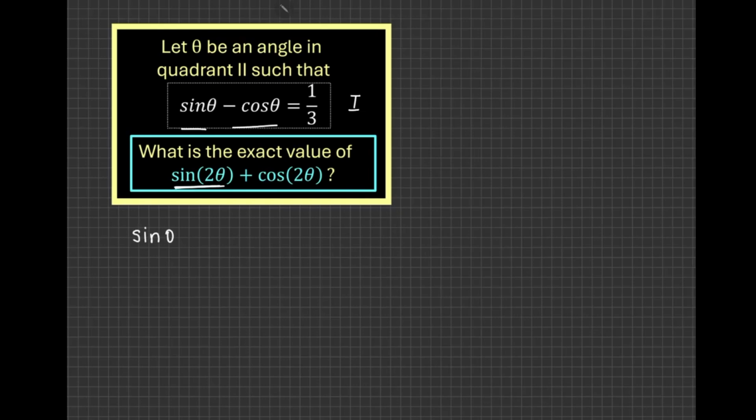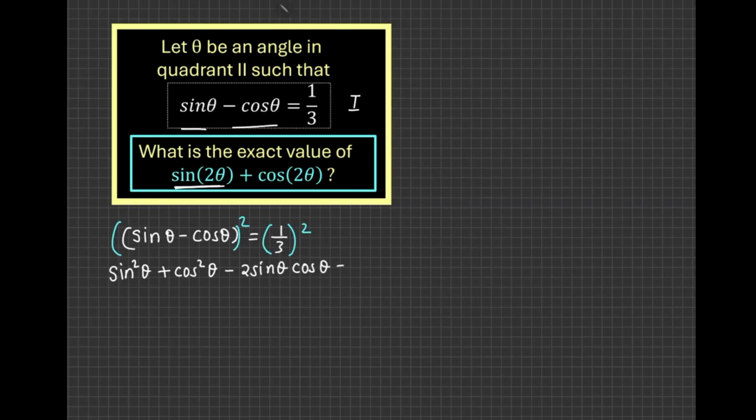Sine theta minus cosine theta equals 1/3. Let's go ahead and square both sides of this equation. What do we get? We get sine square theta plus cosine square theta minus 2 sine theta cosine theta equal to 1/9.